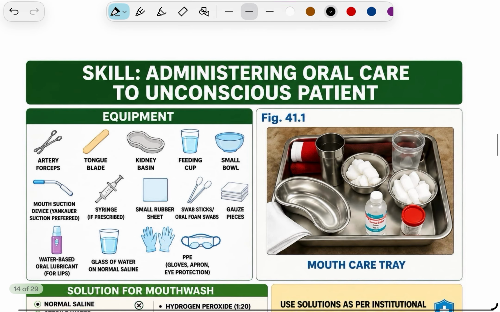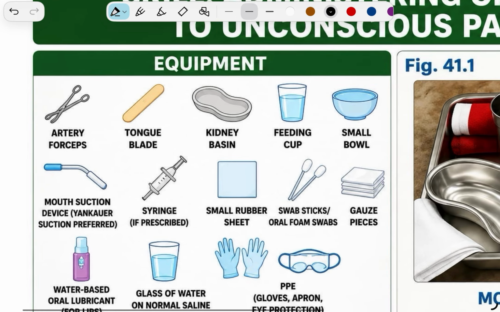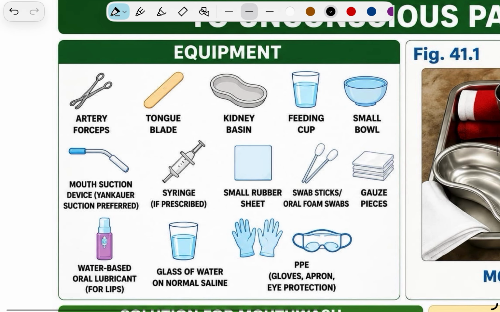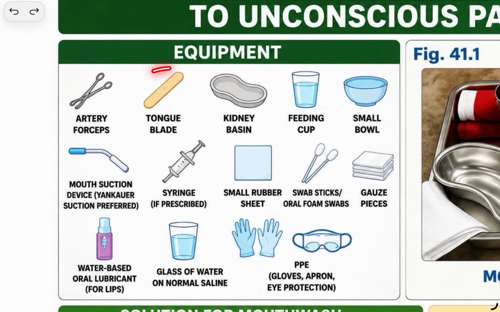So let me see what are the articles that we can use. First one is artery forceps. Then tongue blade or tongue depressor; you can use a disposable tongue depressor. And kidney basin; sometimes two kidney basins are needed.